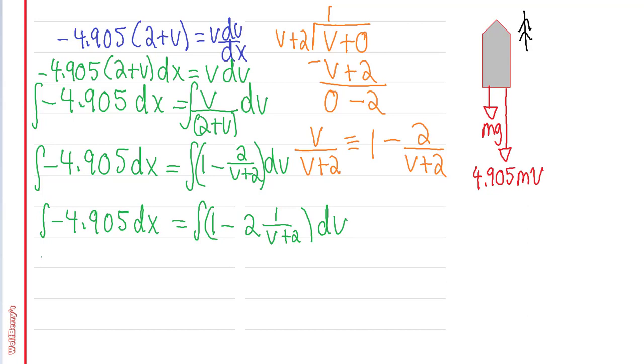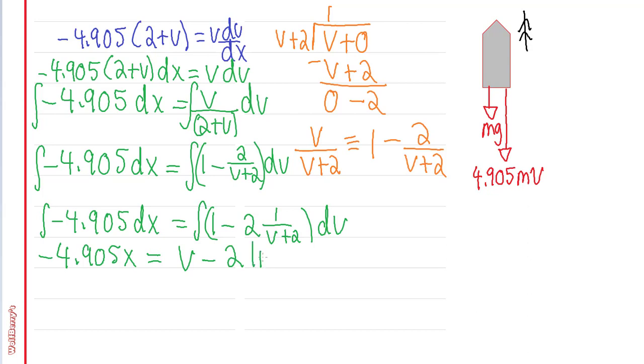So the integration on the left is going to be minus 4.905x equals the integration of 1 is v minus 2. Now, the integration of 1 over v plus 2 is going to be ln v plus 2, because the differentiation of v plus 2 is 1, so we can use our rule that we've used in previous videos, f dash x over f of x.